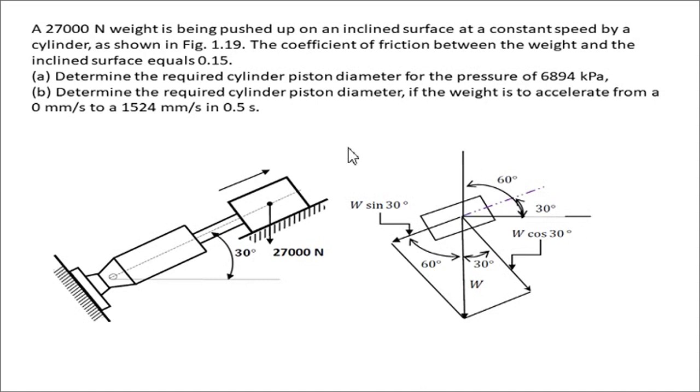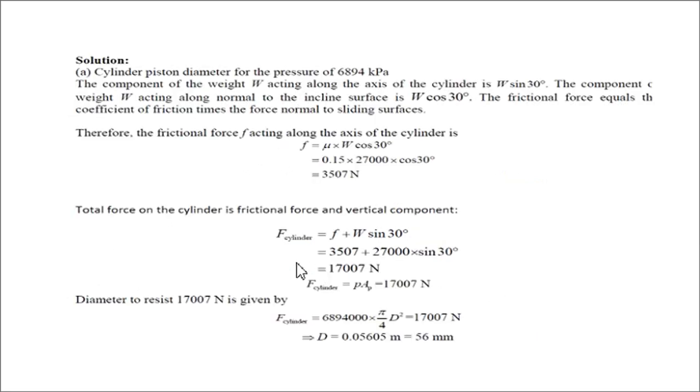So let us consider the free body diagram for the block. Its weight W is resolved in two components, W cos theta perpendicular to the inclined plane and W sin theta along it. Now this particular W sin theta will directly act on the piston, that you must remember. So let us consider the solution.